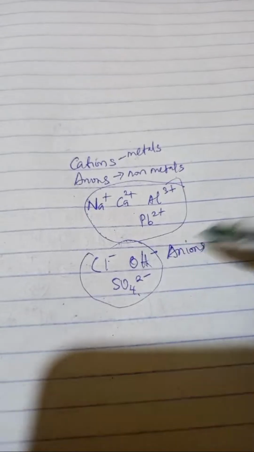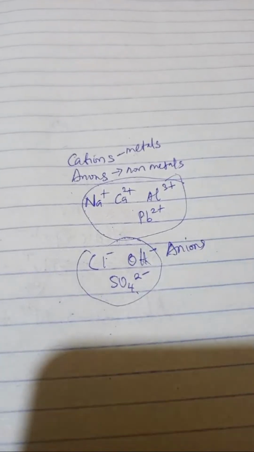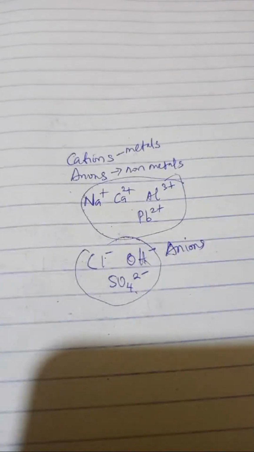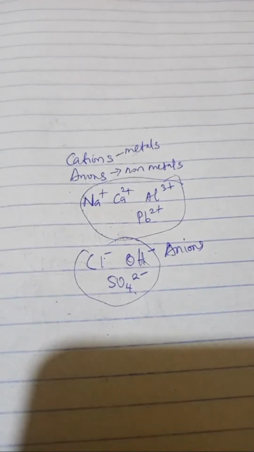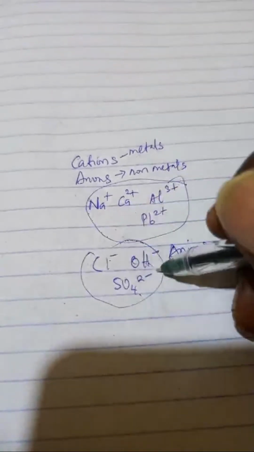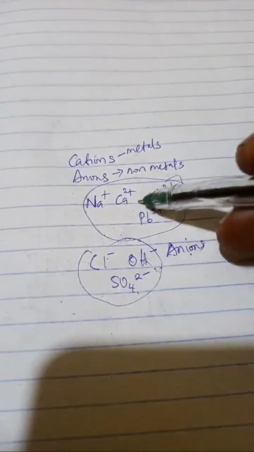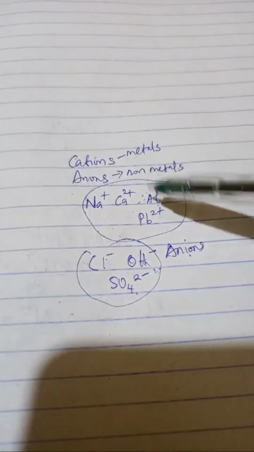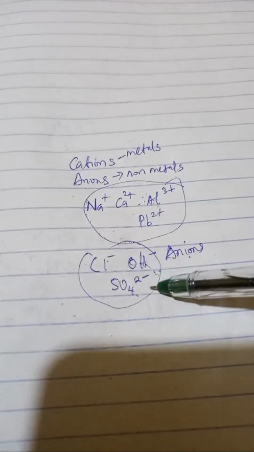So anions are negative, cations are positive. If you don't understand, don't worry, I'll teach these topics. Make sure you subscribe to my channel so you will not miss out.